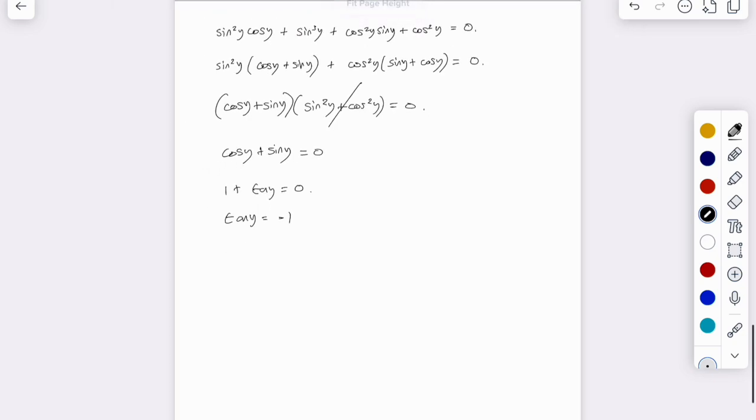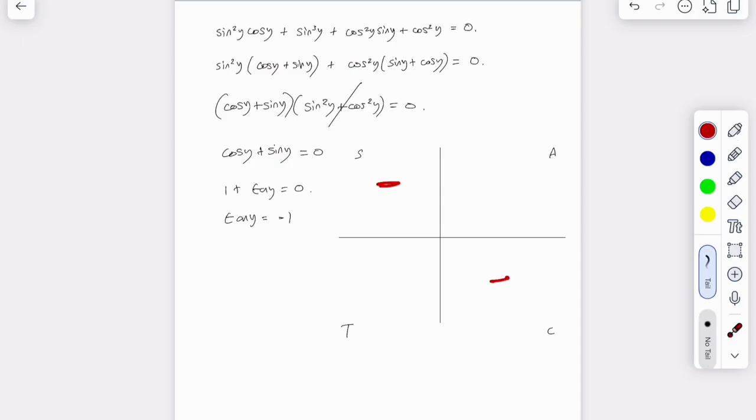If tan y is equal to negative 1, what does that tell us? Well, tan is negative in these quadrants. So I'm going to draw a triangle here, and draw theta there.